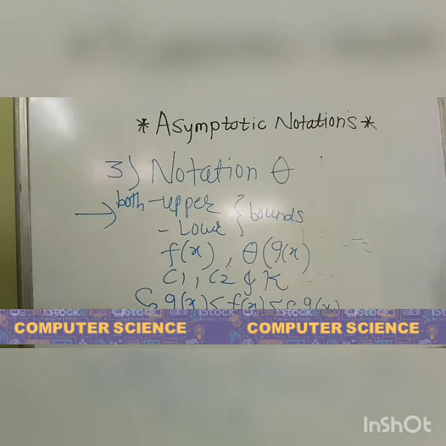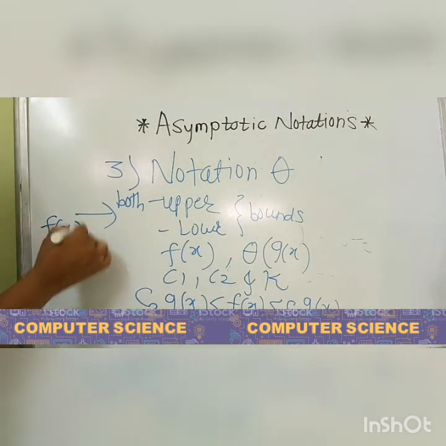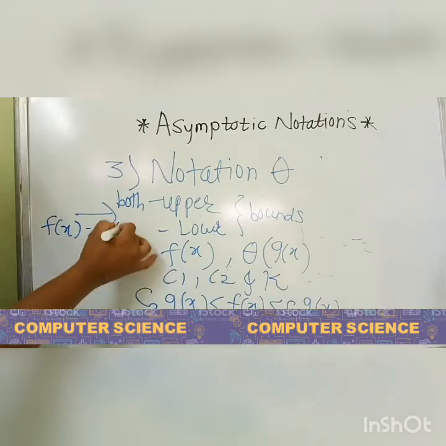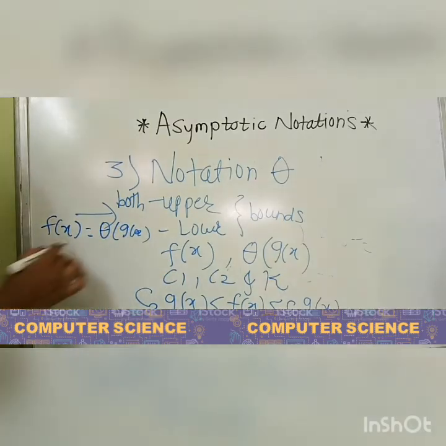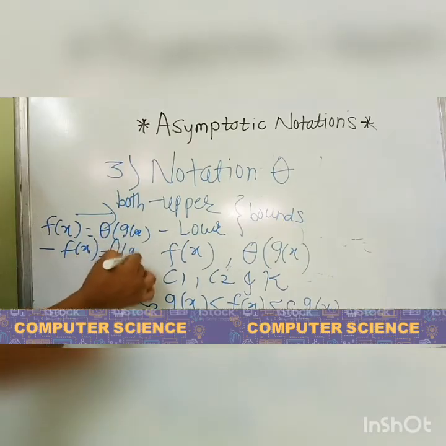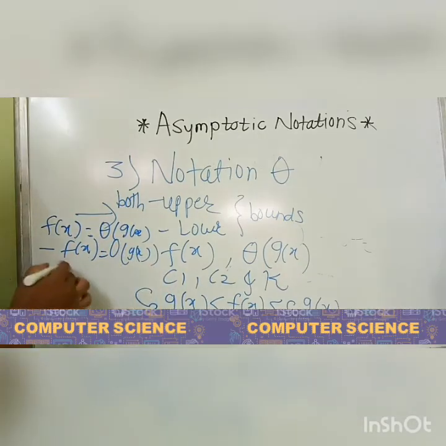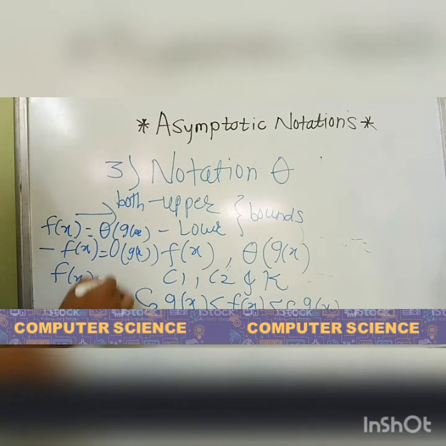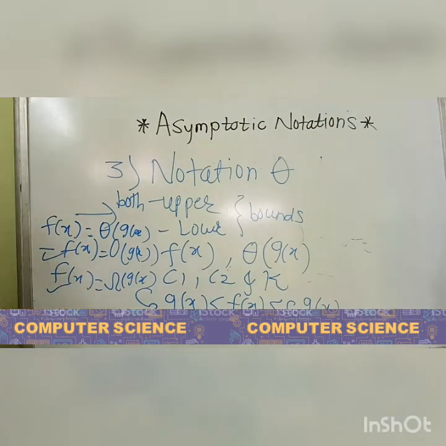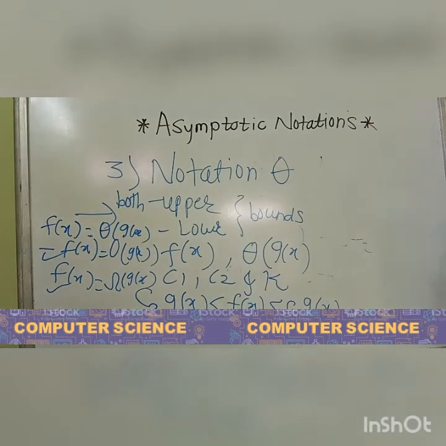So we can conclude again that f of x equals theta of g of x means f of x equals big O of g of x and f of x equals omega of g of x, meaning it will provide both the upper and lower bounds.